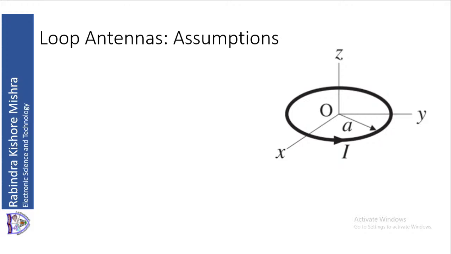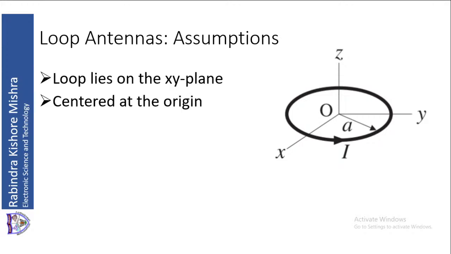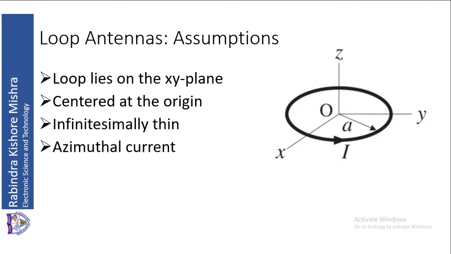There is another type of antenna which is of interest, which is called the loop antenna. In the loop antenna, we assume that there is a loop in the XY plane, placed symmetrically around the Z axis, which means its center is at origin O. Now this antenna is infinitesimally thin as in case of linear antenna, and the current will now be azimuthal.